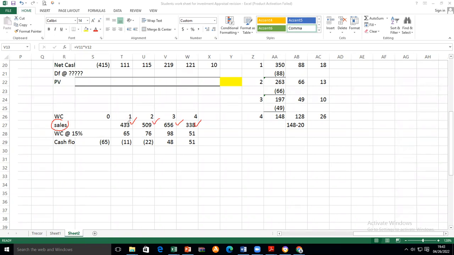Before you can generate these sales in this period of time, you need working capital of 65, which is that multiplied by 15%.